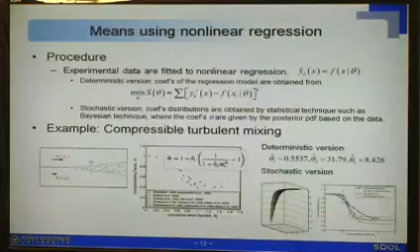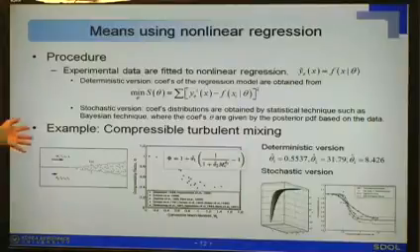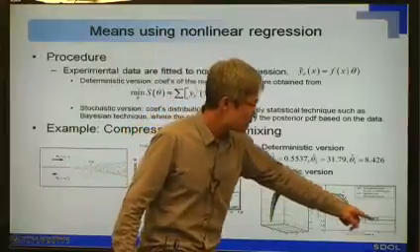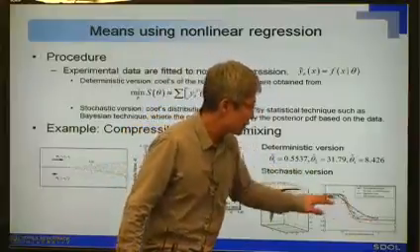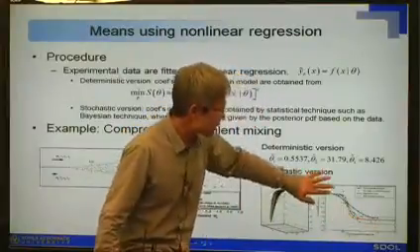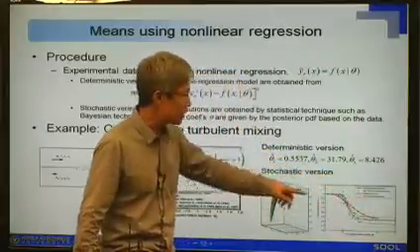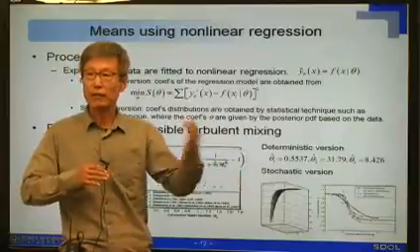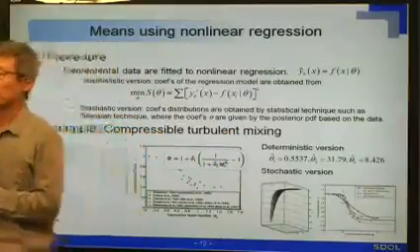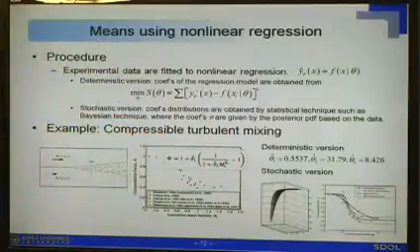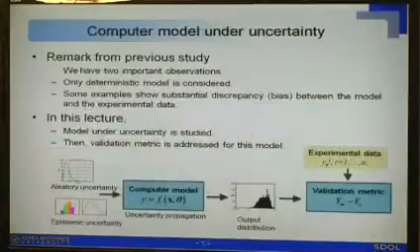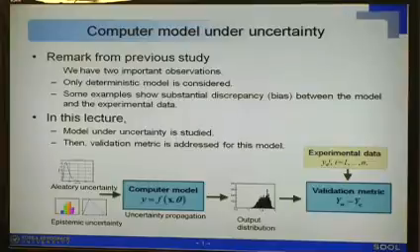The same thing, the last example I showed in the last class. This is the model prediction, and this is the experimental data and their uncertainty bounds. You see substantial difference between the model and the experimental data. All these kinds we call the bias or discrepancy.